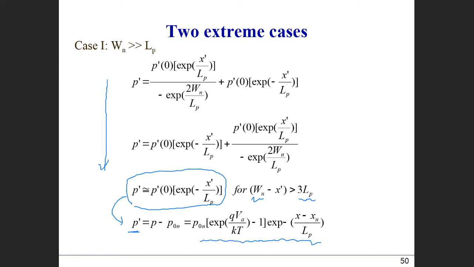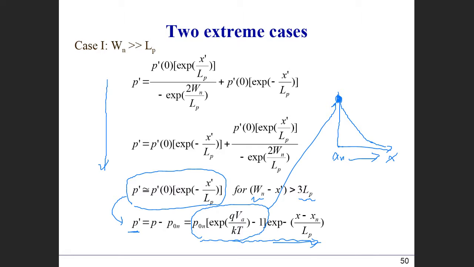In other words, if we plot this one on the N side, this is the x, and the carrier concentration at the Xn in here, you have excess carrier in here, and that one is coming from this equation. And as we go from the Xn to this contact region, that one is exponentially decaying like this.